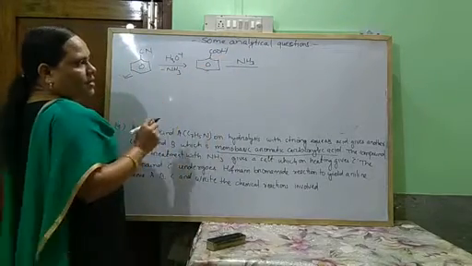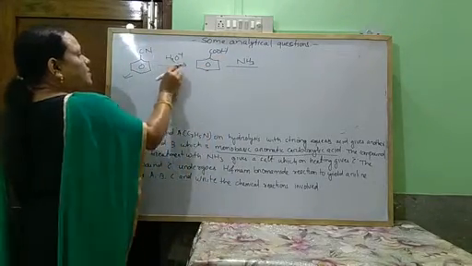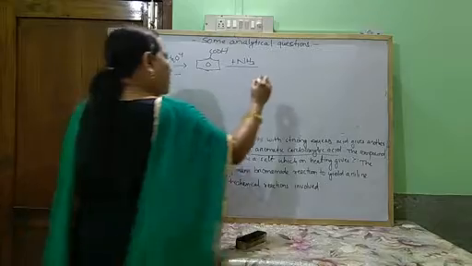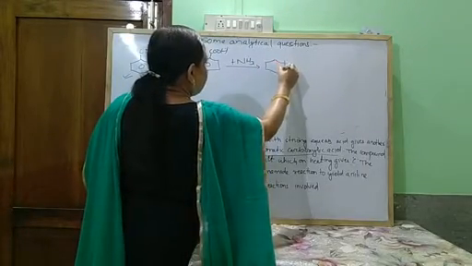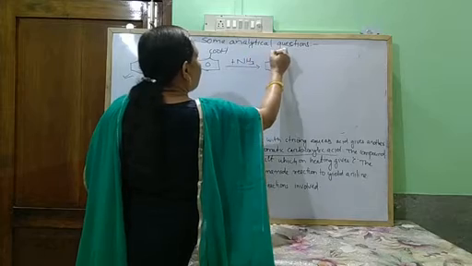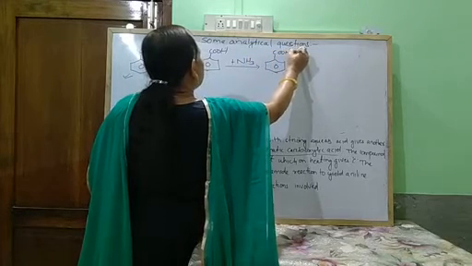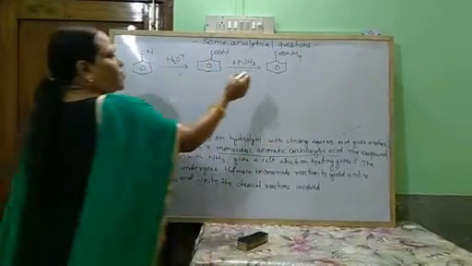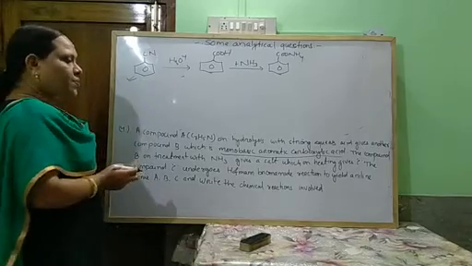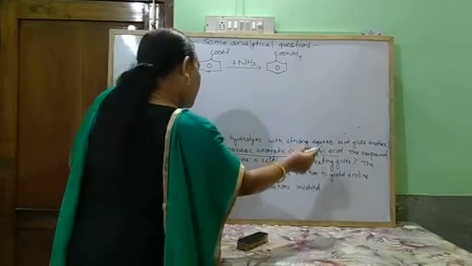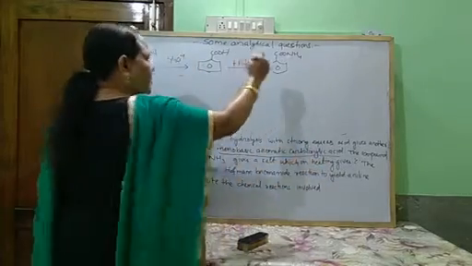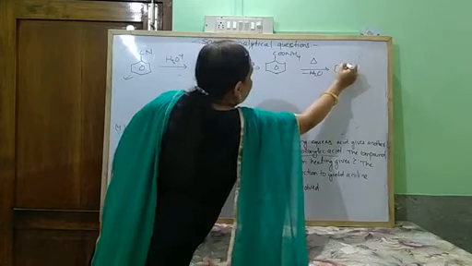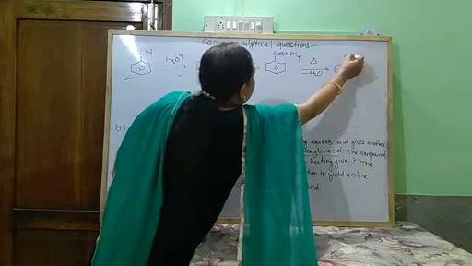This is an acid and reacts with ammonia, a base, to form ammonium benzoate, which on heating gives C. If you heat it, then removal of a water molecule occurs and it forms benzamide.